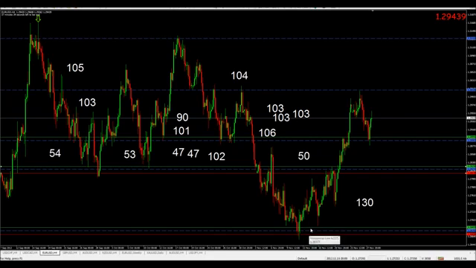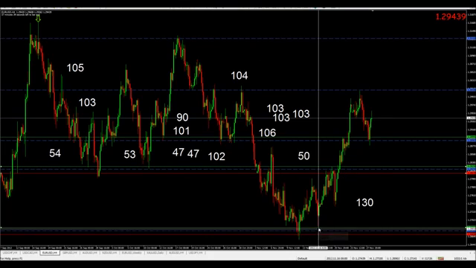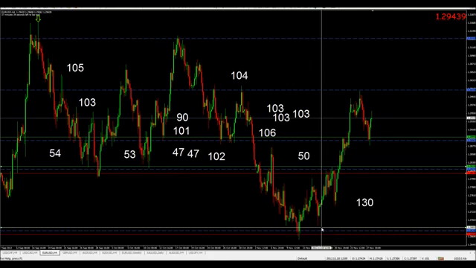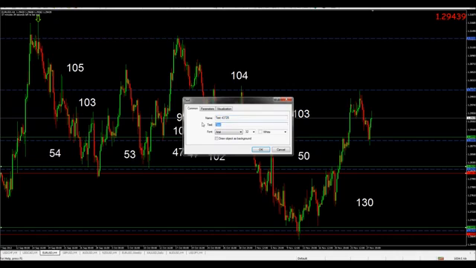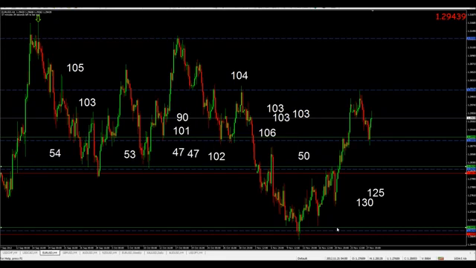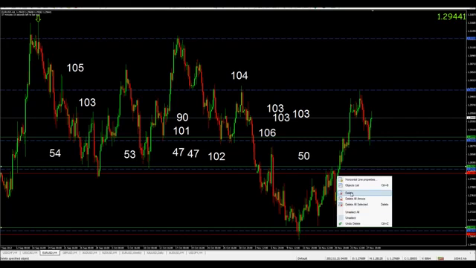And okay, this one here, we take profit again on this as that sell order opens. So 125 pips on that. So we take that one out.